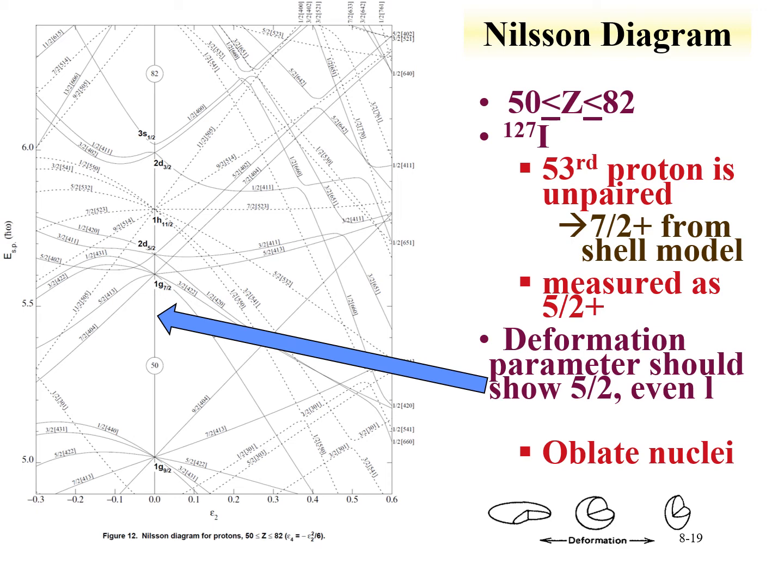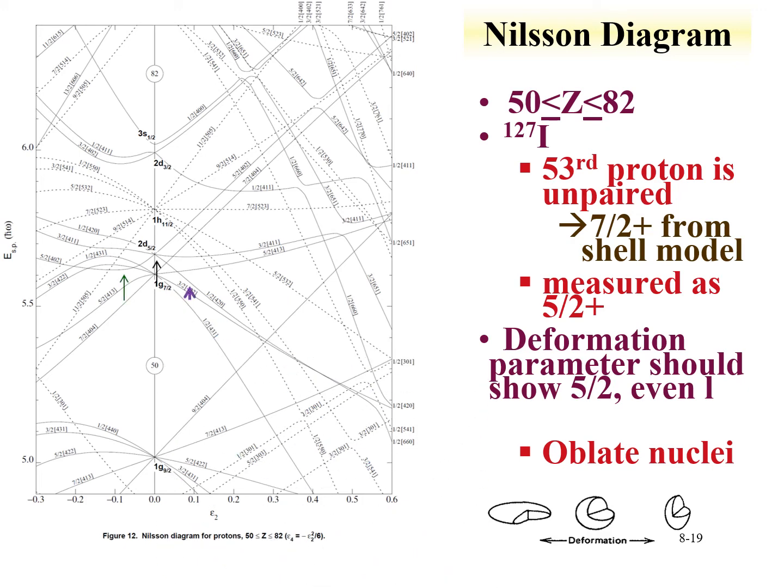That's the unpaired. From the shell model, we would expect the spin to be 7/2, the parity to be plus. The measured spin and parity for iodine 127 is 5/2 plus. So the deformation parameter should show 5/2 with an even L value.